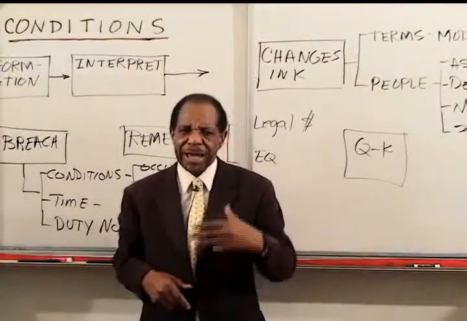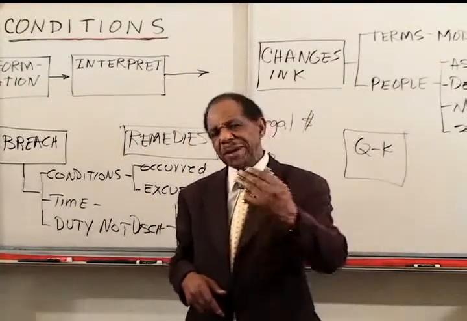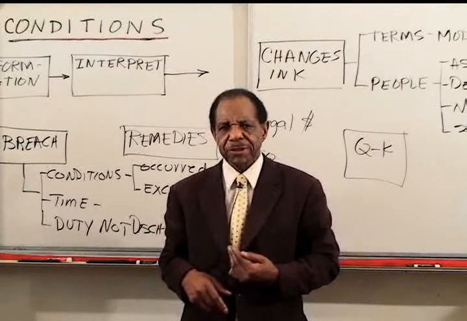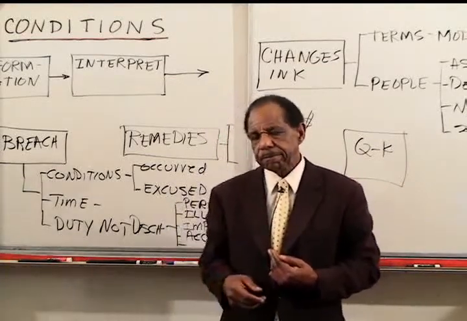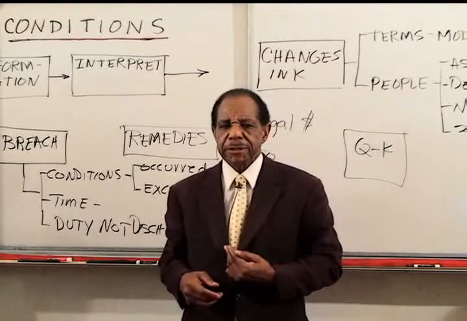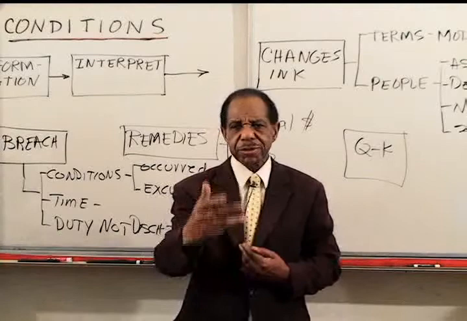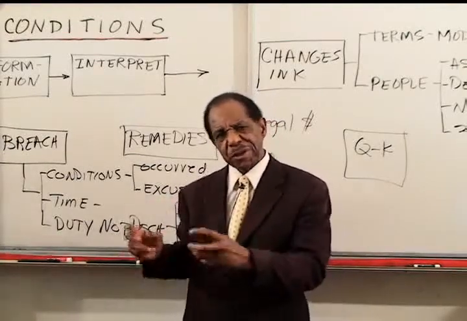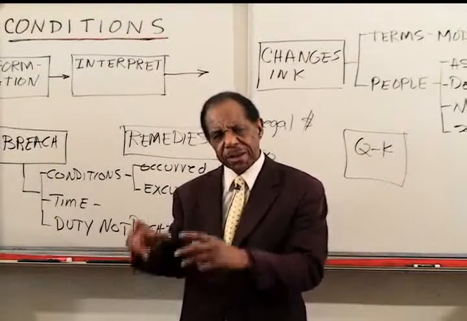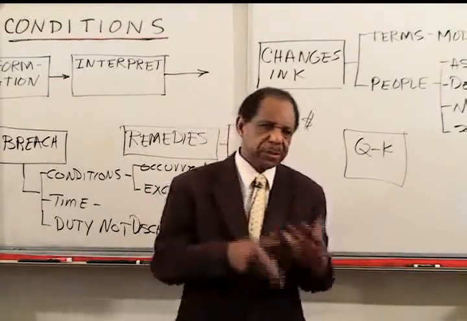I build a house for you, and the deal is that you are going to pay me when you get the architect's certificate of completion. Well, getting the architect's certificate of completion is the condition precedent to your duty to pay. It is the event which must occur. And I want to think about it and talk about it in terms of events which must occur rather than in terms of conditions.